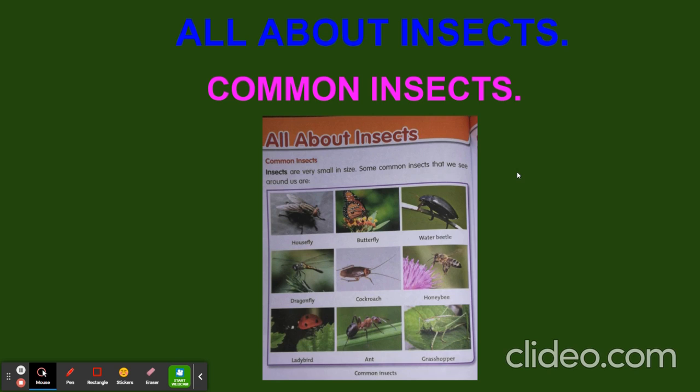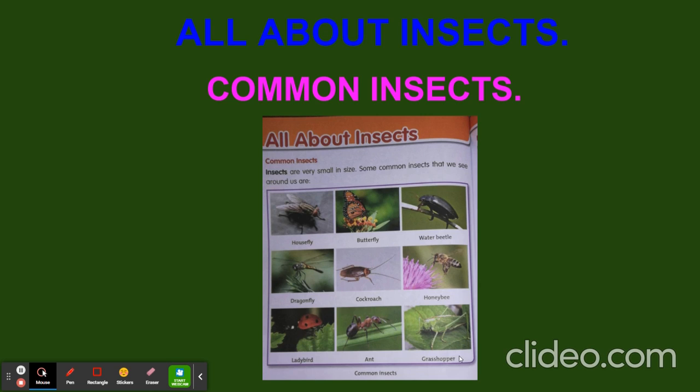Some common insects that we see around us are housefly, butterfly, water beetle, dragonfly, cockroach, honeybee, ladybird, ant, and grasshopper. These are a few common insects we see around us.